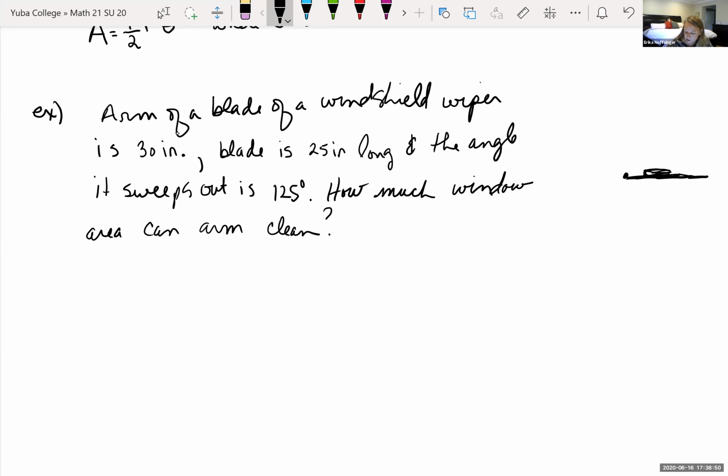So let's say that's that rubber piece. Well, it tells me that the whole piece in here is 30 inches. And then it tells me just the blade itself is just 25 inches long.